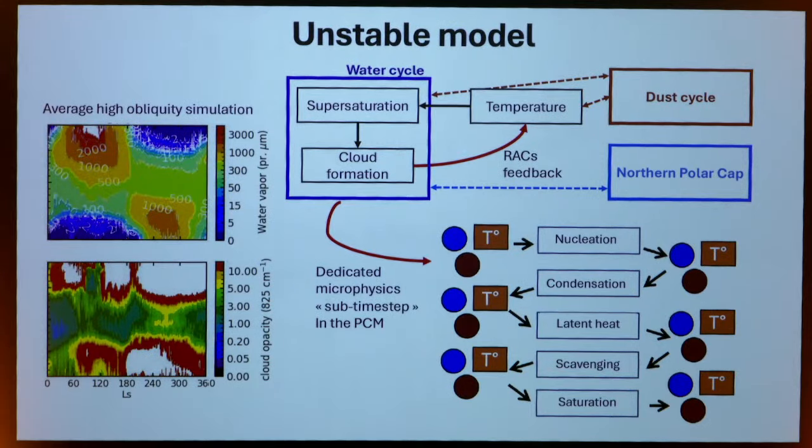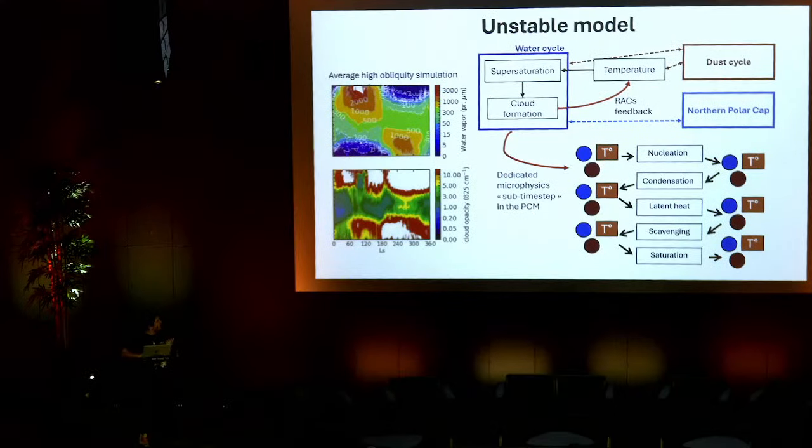And so the actual problem of these simulations, they were quite, I mean, I won't say shady, but unfinished, is that in this particular moment when you have the northern sublimation event, here, at high obliquity, the previous state of the model was extremely unstable.